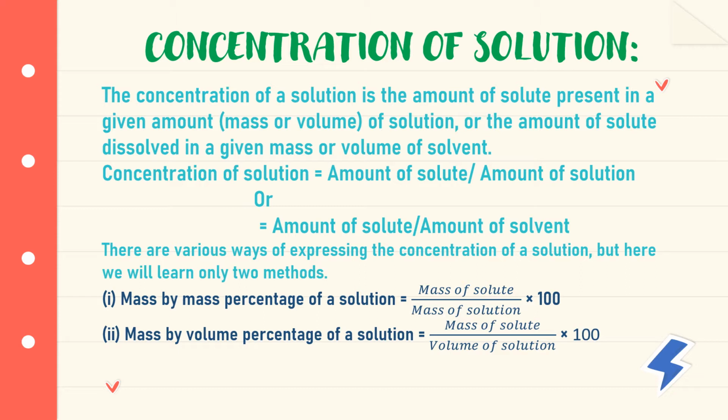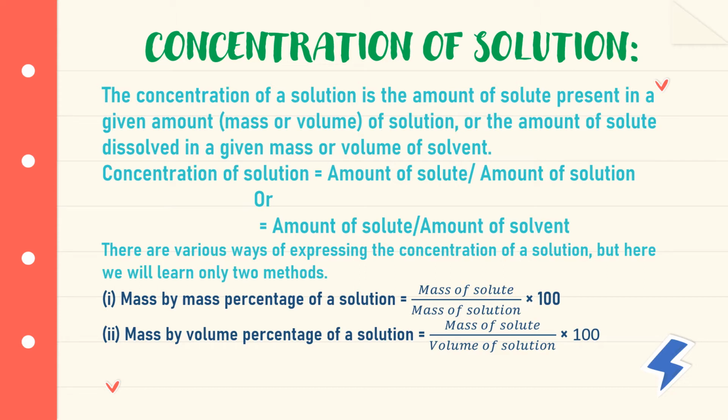So concentration of solution will be equal to amount of solute by amount of solution, or we can say amount of solute by amount of solvent. There are various ways of expressing the concentration of a solution, but here we will learn only two methods, that is mass by mass percentage of a solution or mass by volume percentage of a solution.